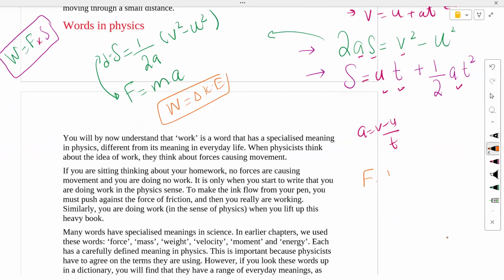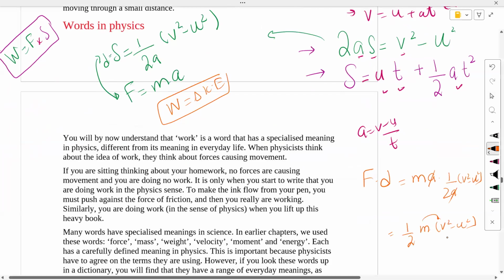Work is equal to F into d. I have put ma in place of F and 1 by 2a into v square minus u square in place of d. The a cancels out, and what I'm left with is 1 by 2 m into v square minus u square.